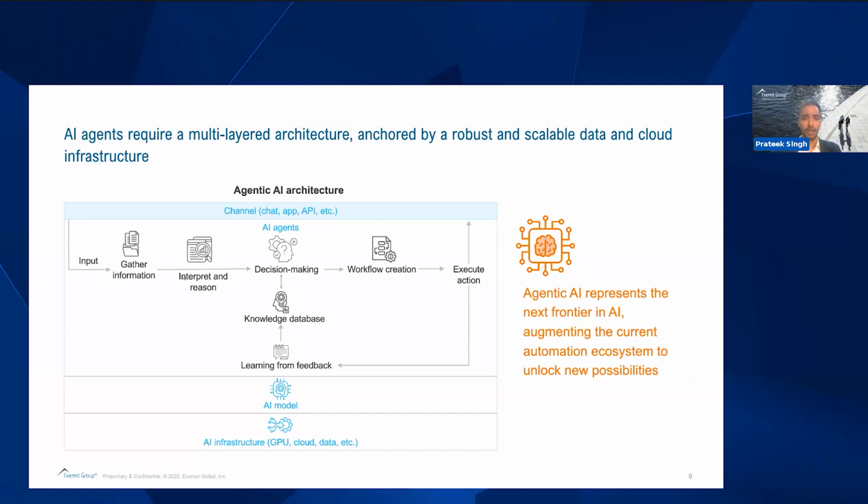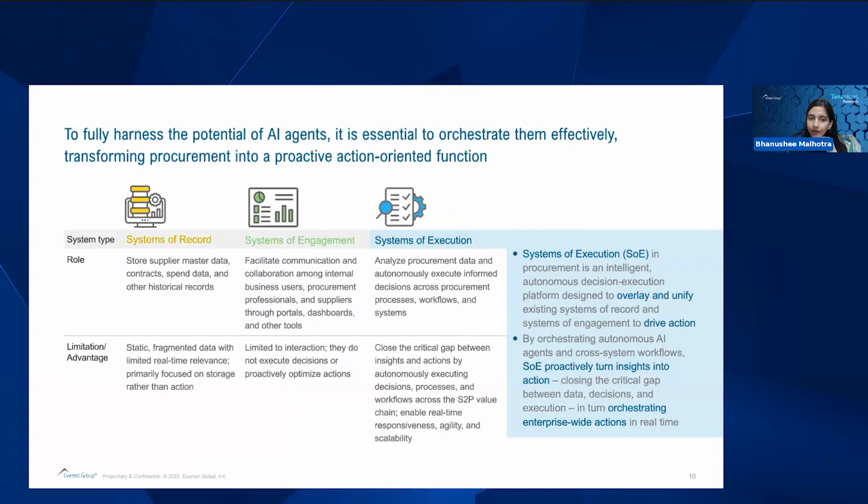data management layer. Now, moving forward, if we look at how do you bring agentic AI into action as part of your overall tech stack that you would have for procurement operations?